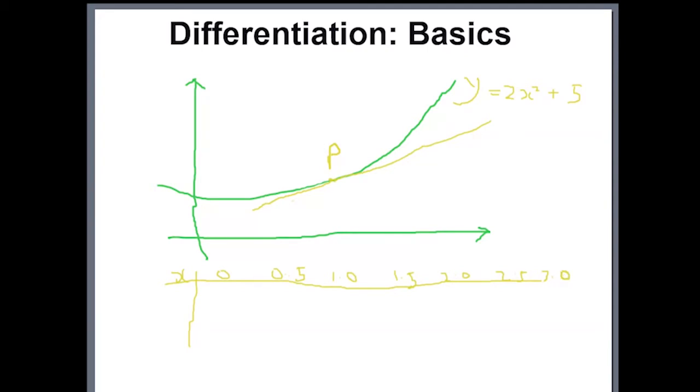Then I'm going to write x squared, then 2x squared, and finally 2x squared plus 5, which is the value of y.